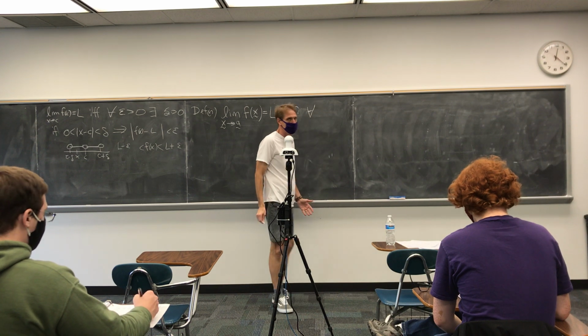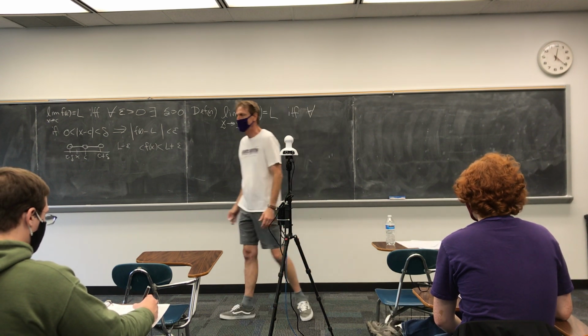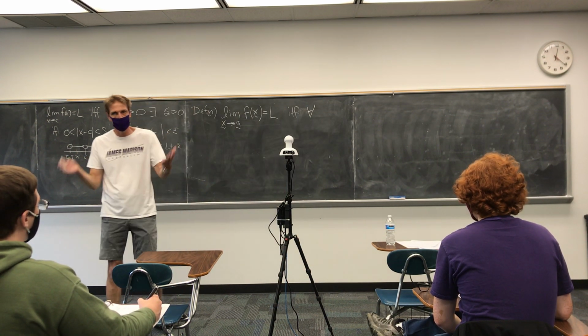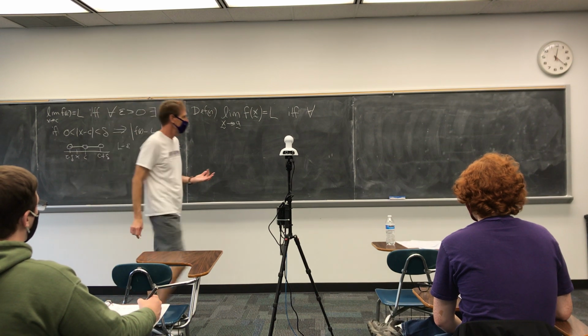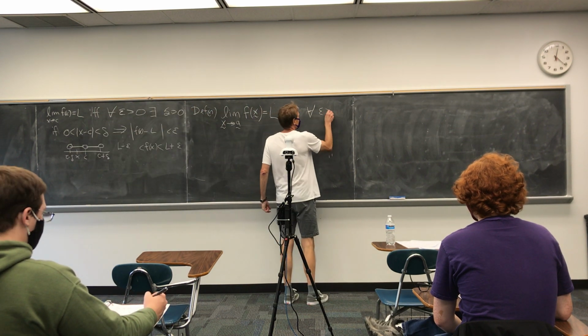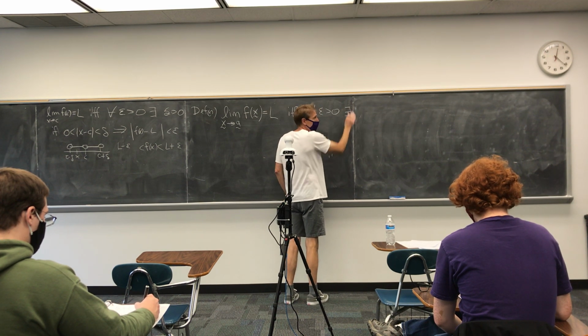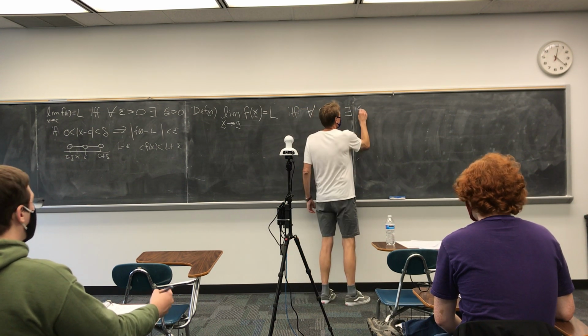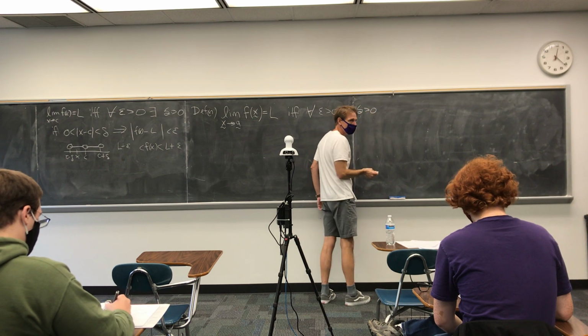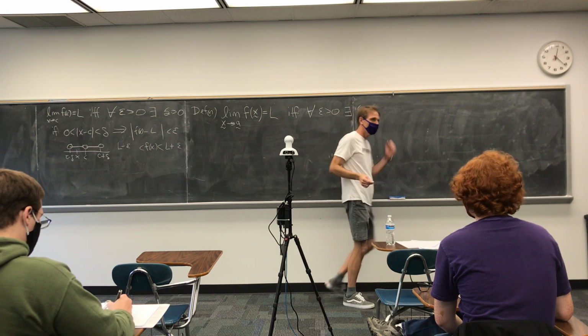For every, and what do you think is going to follow that? For every epsilon greater than 0, there exists a delta greater than 0. What do you think is going to follow that?